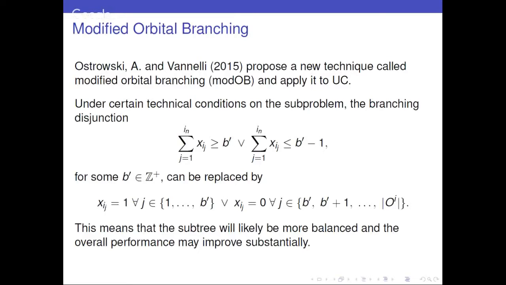But by doing this change to the way you branch from the previous ones, you basically end up with a subtree that in many cases is more balanced. And in particular for the unit commitment problem, with multiple generators that are very similar, this makes a big difference in the computation.